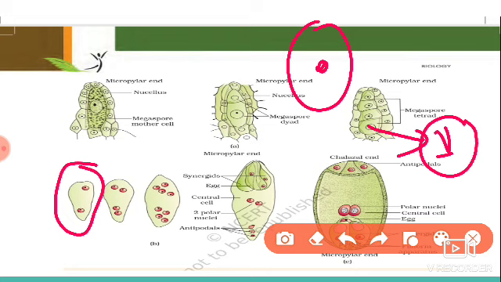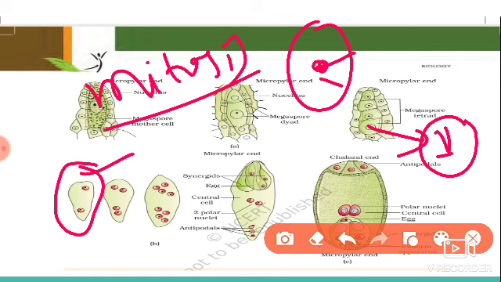This is the megaspore formed in the beginning. It means this single nucleus will undergo division. What division? It will undergo mitosis, not meiosis.